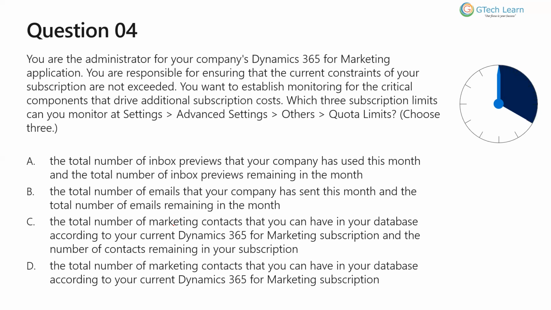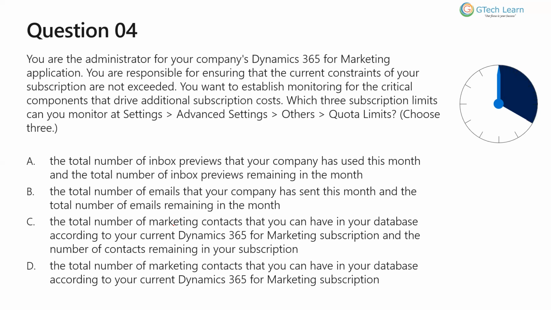Option A is the total number of inbox previews that your company has used this month and the total number of inbox previews remaining in this month. Option B, the total number of emails that your company has sent this month and the total number of emails remaining in the month.